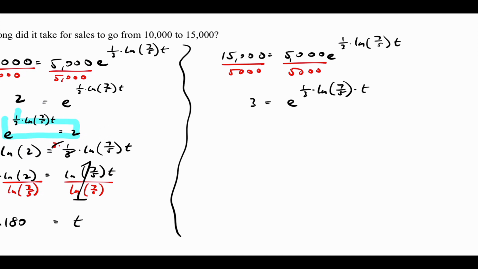When you change that, you're going to get natural log of 3 equals 1/3 times natural log of 7/5 t. Multiply both sides by 3.